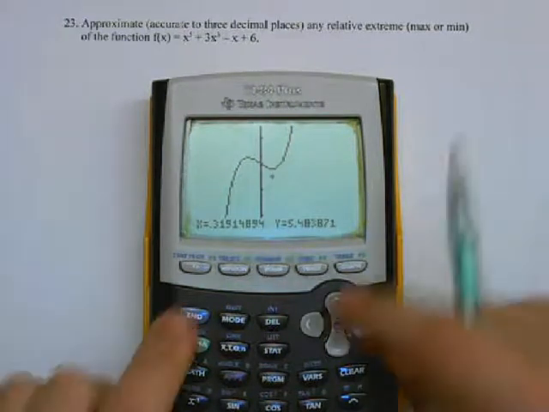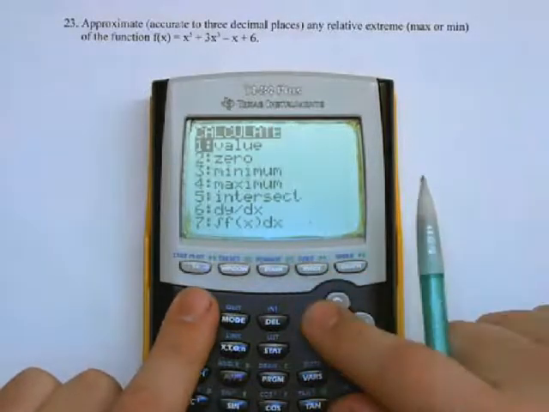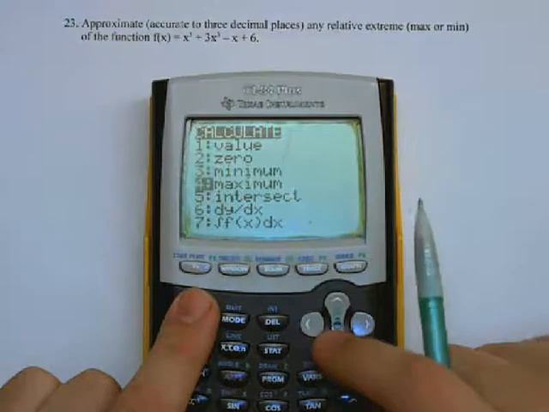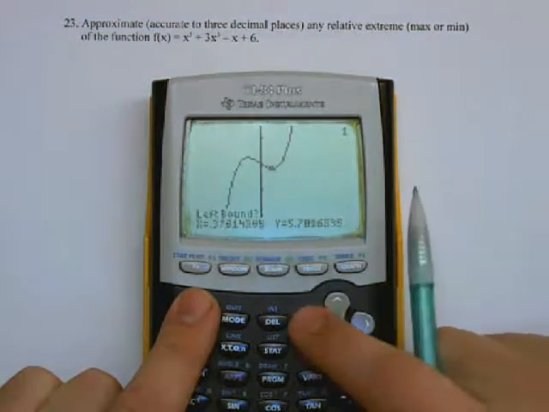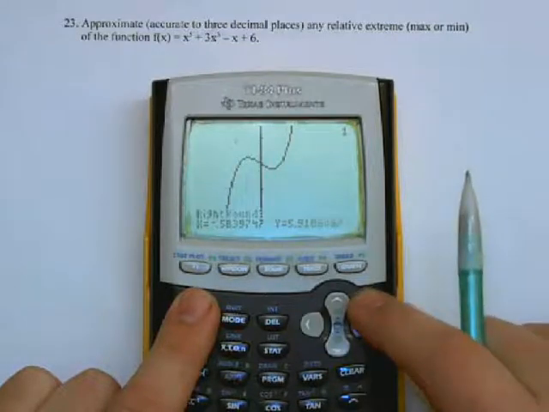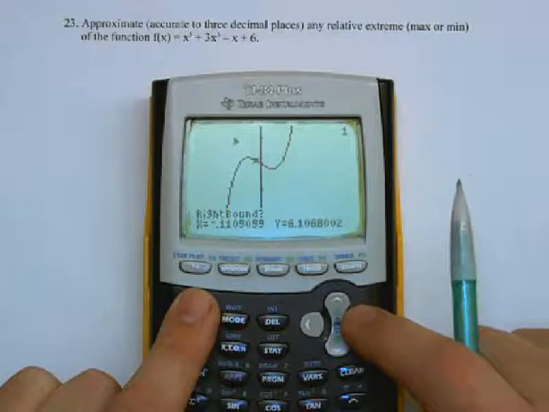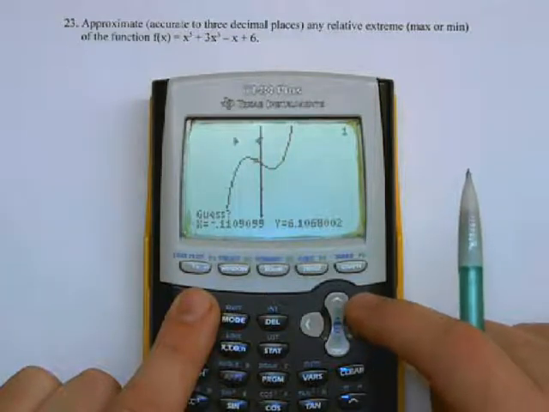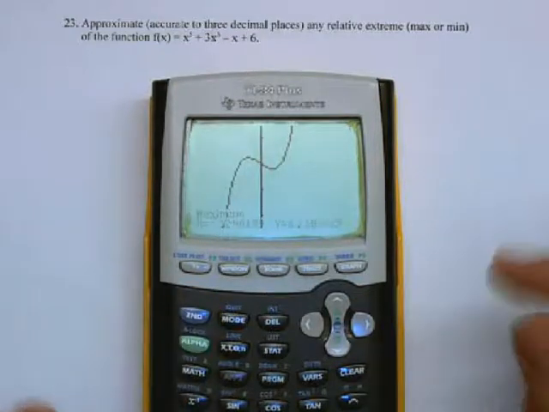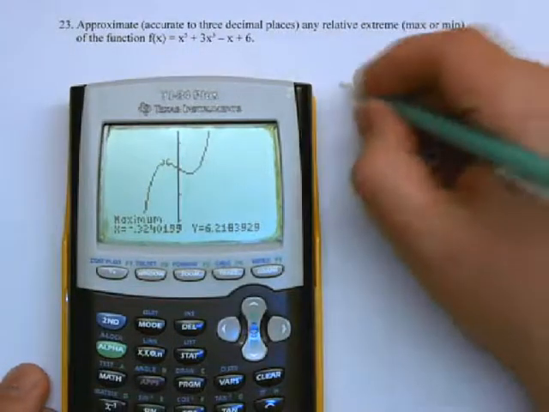So we'll start with the relative maximum. So second trace, I'll go to maximum. For my left bound, I need to be to the left of the peak. And for the right bound, the right of the peak. Pushing enter when it says guess. And I have my relative maximum.